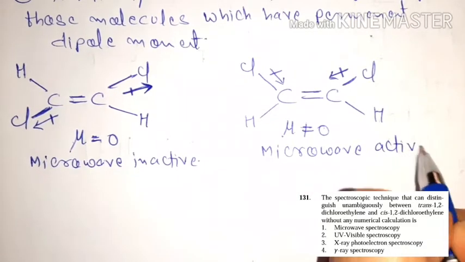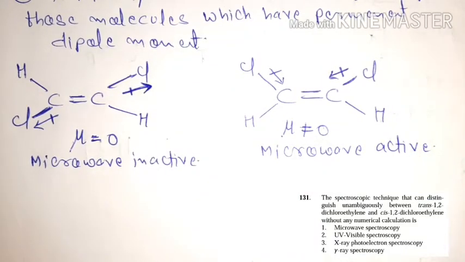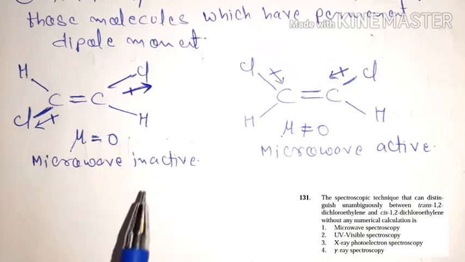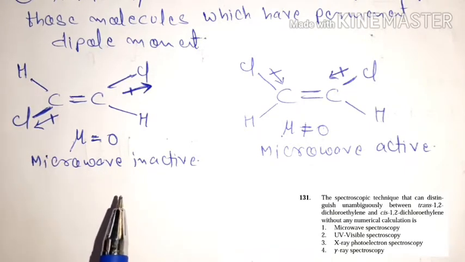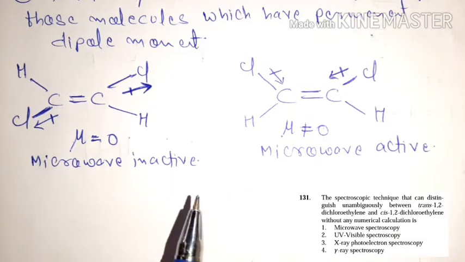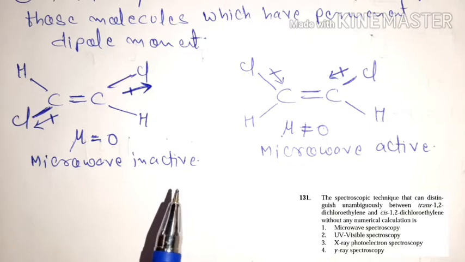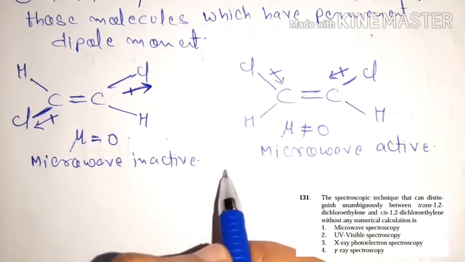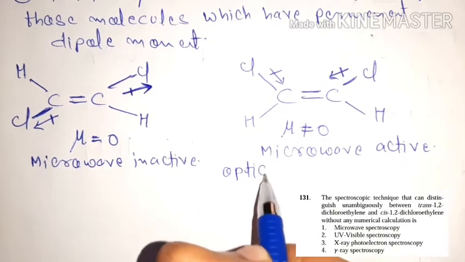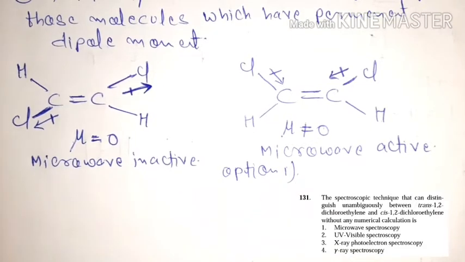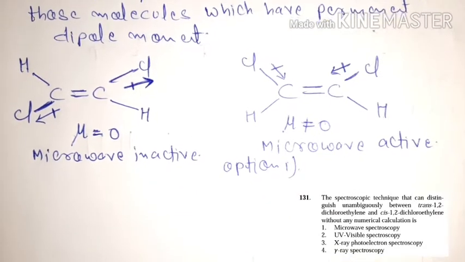The cis 1,2-dichloroethylene will be microwave active. So trans is microwave inactive and cis is microwave active. On the basis of microwave spectroscopy, you can easily distinguish between these two molecules without any numerical data. So the correct option is option number 1, that is microwave or rotational spectroscopy.